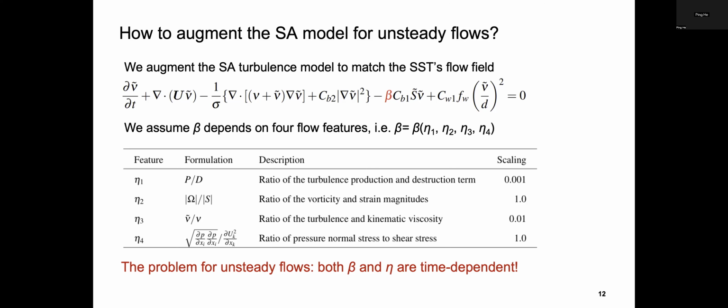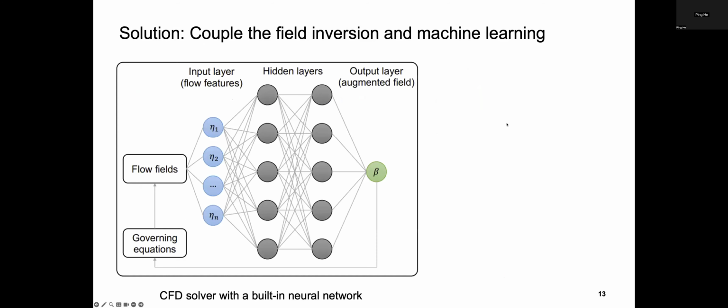But for unsteady flow, we are interested in the entire time history, which means that both beta and eta are time dependent. If we were to use the steady state FIML strategy, we would have to save all the optimal beta fields for each time step, and you might have 1,000 time steps. That's too expensive. So here's a special challenge for unsteady flow FIML.